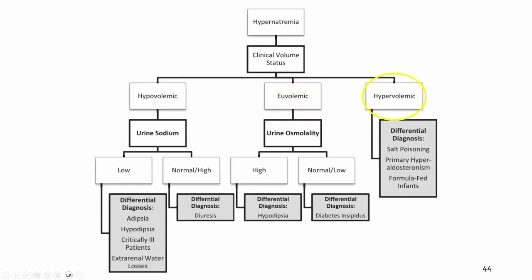So this will be things like administering sodium bicarbonate during a resus, or inadvertently giving a patient hypertonic saline when you meant to give normal saline. It can be from incorrect preparation of peritoneal dialysis formulas or parenteral feeds, incorrect mixing of formula in formula-fed infants, and then medical conditions like Conn syndrome or Cushing syndrome.